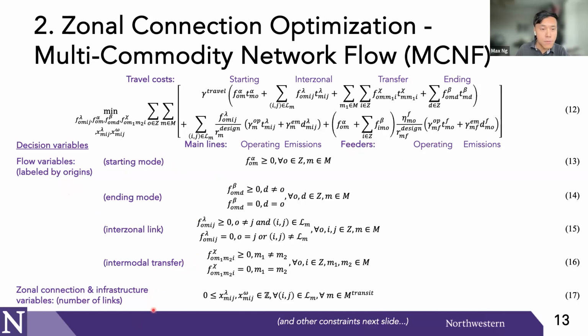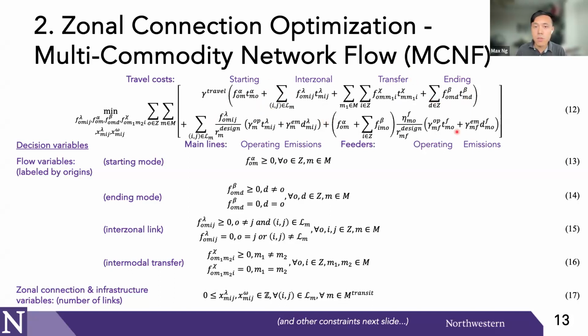And also, we have 2 groups of integer variables that govern the zonal connection and zonal infrastructure. That is to say, how many links we want to build or want to use from zone I to zone J. That's the lambda and omega here. And these 6 types of variables are built into the objective function. So the first row of the objective is all user costs: starting, interzonal trip, transfer, and ending. They are simply the arc cost multiplied by the flow of the corresponding arcs.